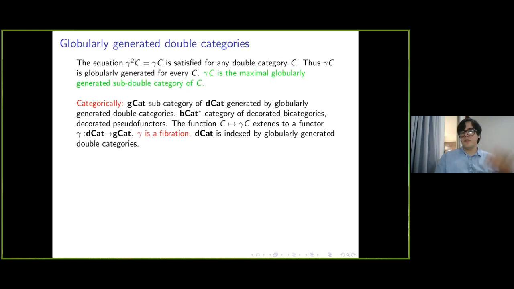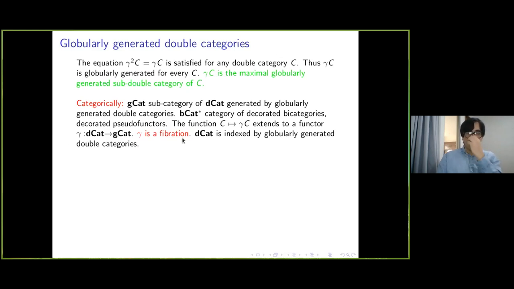So the function associating to every double category its globularly generated piece extends to a functor from double categories to globularly generated double categories. This is a Grothendieck fibration. It's actually more, so it extends to a two-functor, and it's actually a two-categorical reflector. But well, we're not going to use this, so we're just going to say that this is a fibration.